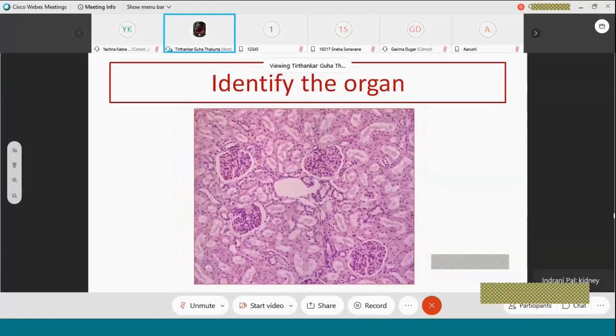What is this organ? Very good. This is the structure showing glomeruli and renal tubules.